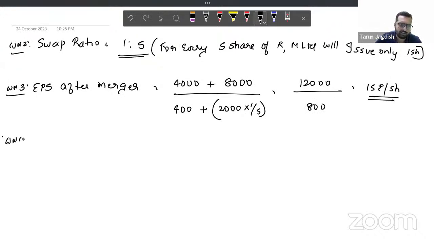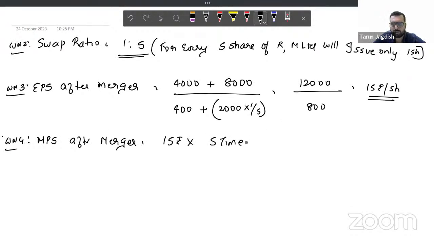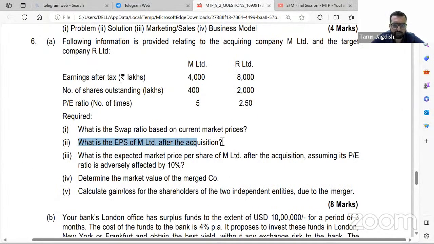Once I get this, can I automatically go and find out the MPS also after merger? That will be 15 rupees into the PE ratio of the acquiring company. That is 5 times. So do you get the answer as 75 rupees per share over here? Correct? Let's just go and check what else they are asking. EPS we found.